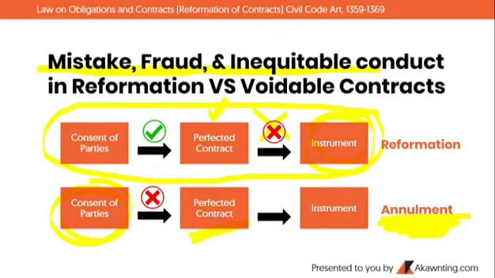So, although nagkakaroon ng meeting of minds, pero may defect yung meeting of minds. So, ano yung mga defect na yun? Pag-aaralan natin yan pagdating ng voidable contracts na chapter. So, yan po ang pagkakaiba ng mistake, fraud, and inequitable conduct in reformation of contracts versus mistake, fraud, and inequitable conduct sa isang voidable contract.